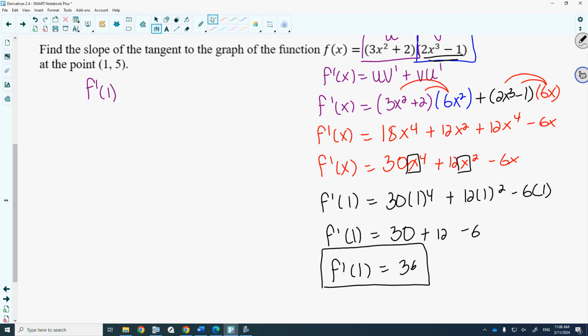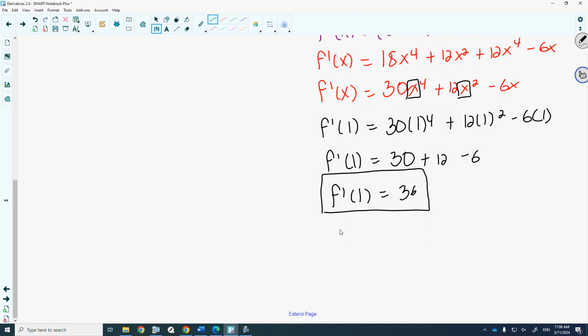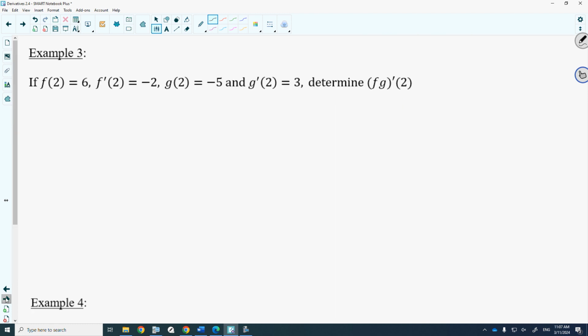It's really important that you understand what this means. So what this means is on the original curve, so on f of x, there's a point. This is the point on the original curve. The slope at that point is 36. Okay? That is what f prime at 1 means.